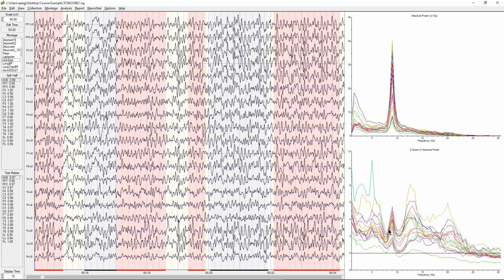Down here in this lower graph, we have the statistical values. The x-axis is still frequency from 0 to 30 Hertz, and the y-axis is now in standard deviations, in this case from 0 up to 12 standard deviations. If I click in here at the same location, about 8.5 to 9 Hertz, I see that I've got a lot of statistical deviations over here. The numbers in red are statistically significant.